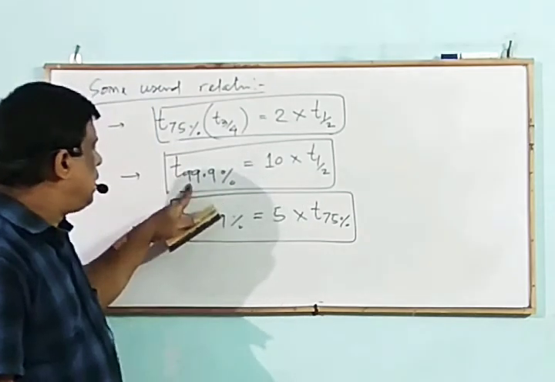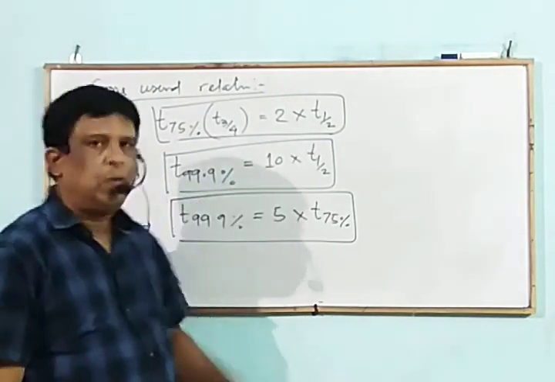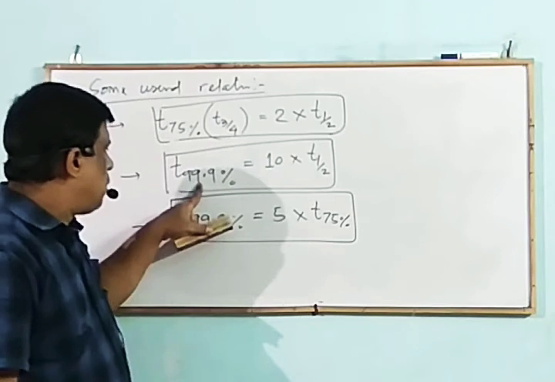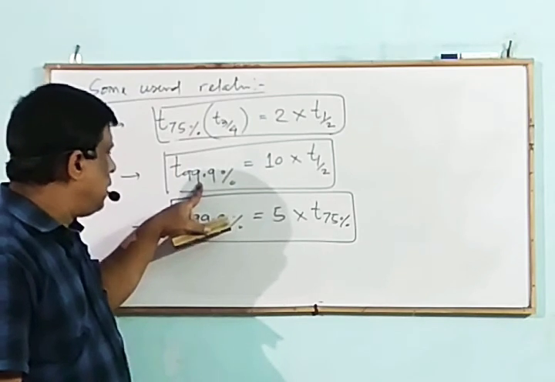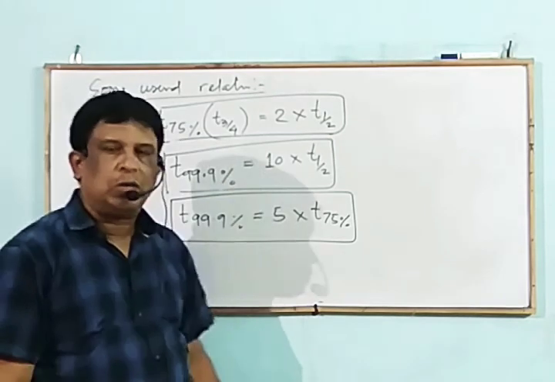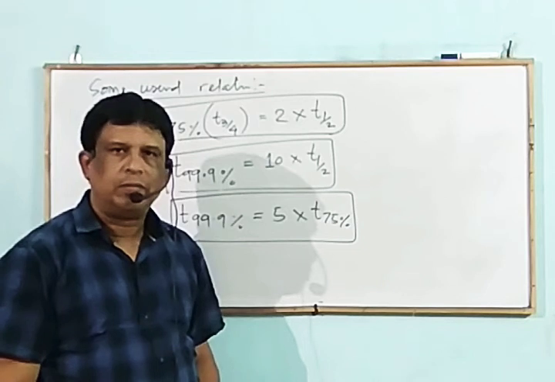Similarly, prove that T 99.9 is equal to 10 T half, or in language mode, prove that the time required for completion of 99.9% of a first order reaction is nearly equal to 10 times its half-life period.